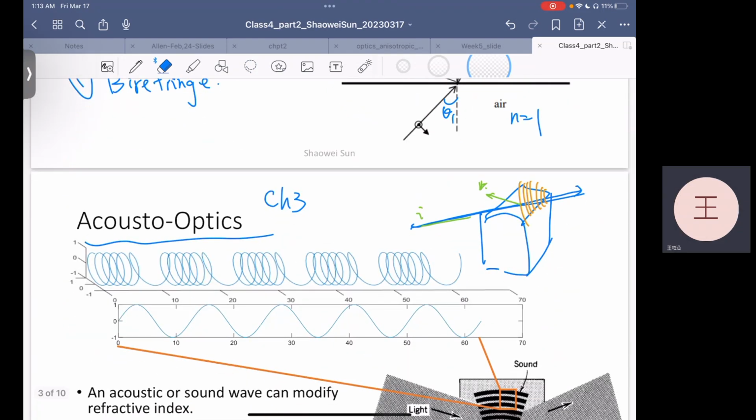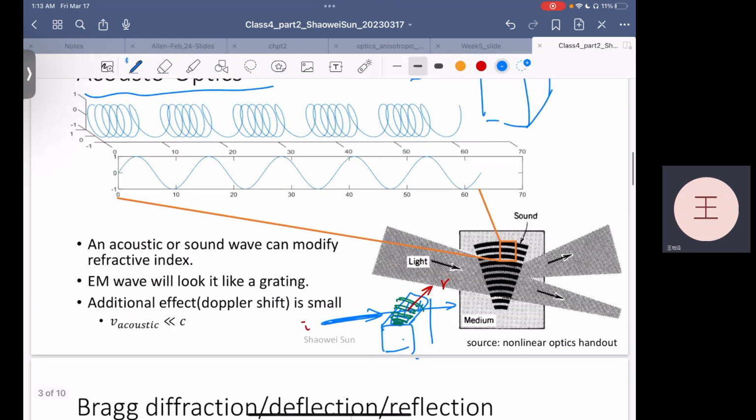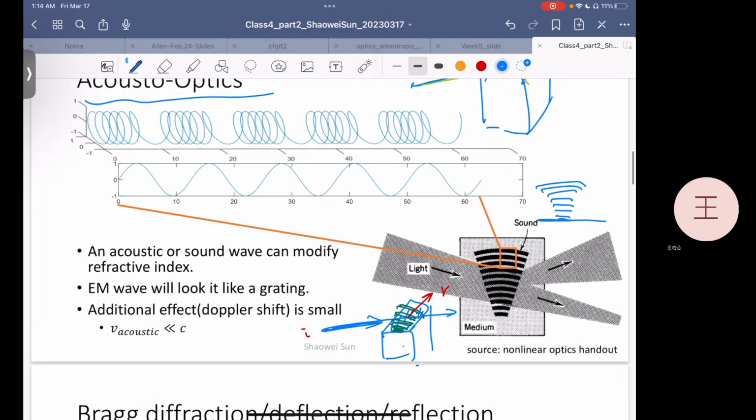As for the acoustic wave, there are several acoustic waves, and it may act as a grating. But I think I forgot to mention here that usually it may also have Gaussian behavior, and that's why we're writing this way. We call it Gaussian because when it's really close to here, it's approximate to a plane wave. So, continuing, in this case we usually consider the Doppler effect to be quite small.